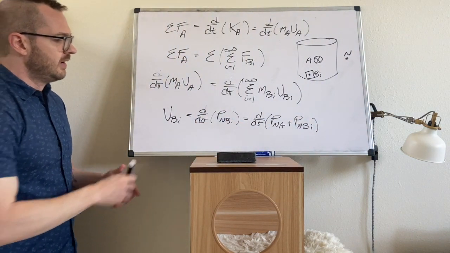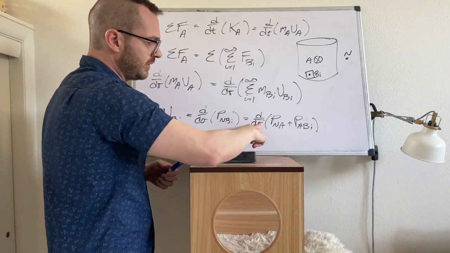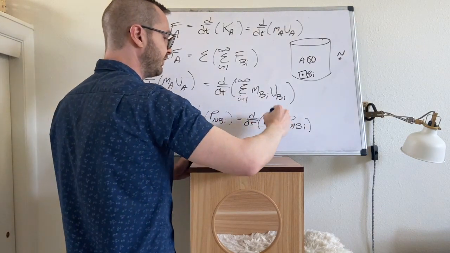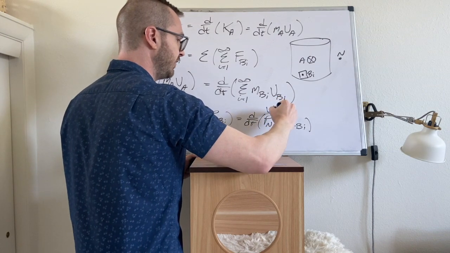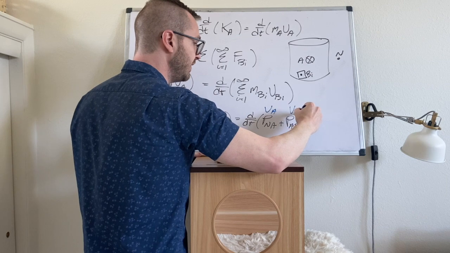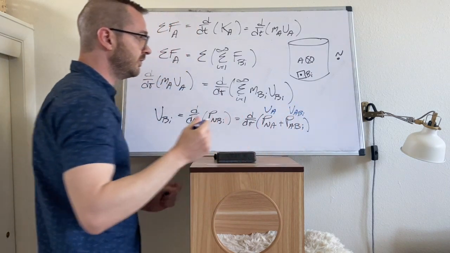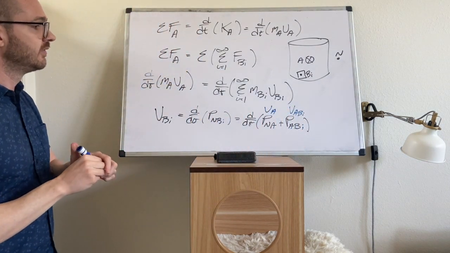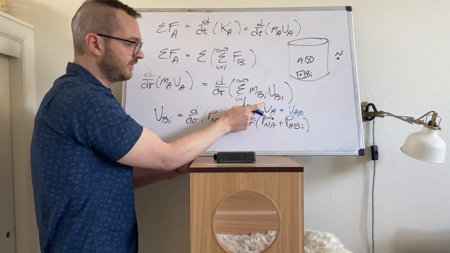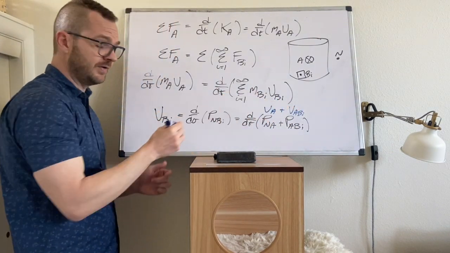Now, if we were to distribute the d/dt to these two, this first term is going to be V_A, and the next term is going to be V_A to BI. So we're going to have the velocity of A plus some relative velocity.